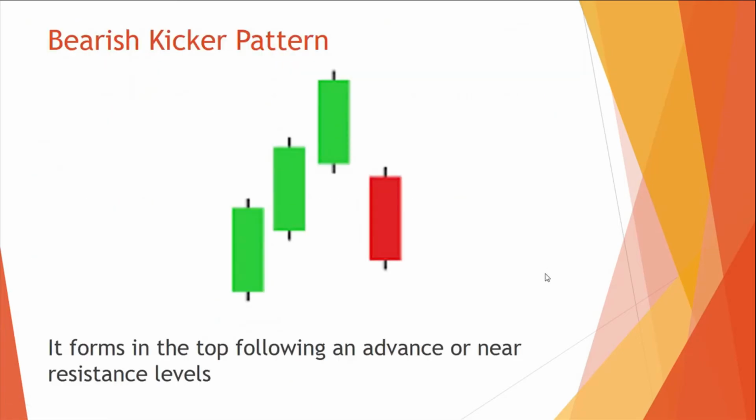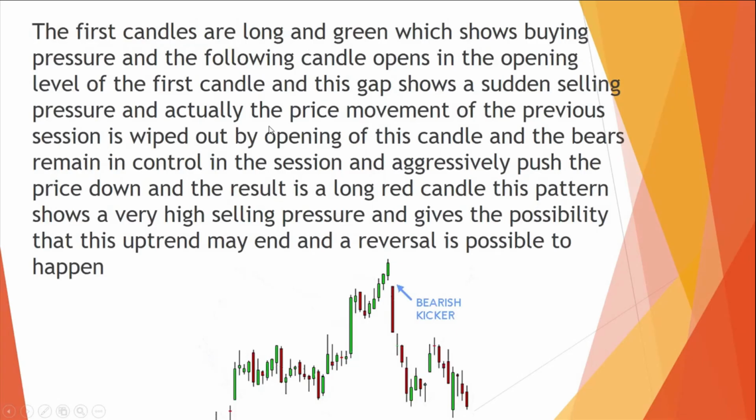Bearish kicker pattern. It forms at the top following an advance or near a resistance level, this one here. The first candle is long and green, which shows buying pressure, and the following candle opens at the opening level of the first candle. This gap shows sudden selling pressure, and the price movement of the previous session is wiped out by the opening of this candle.